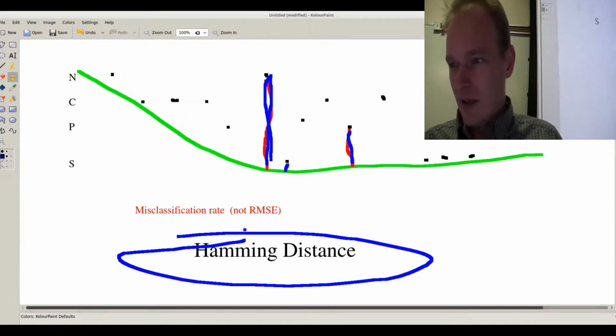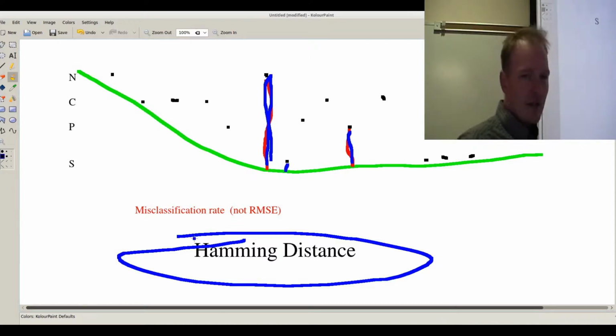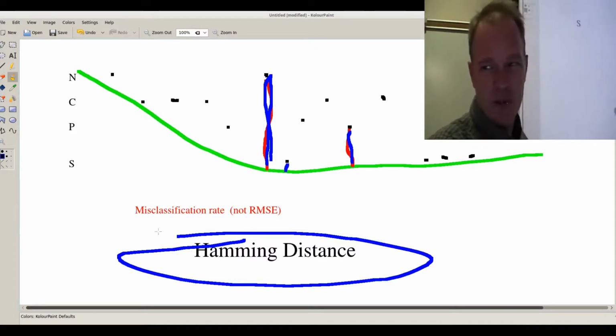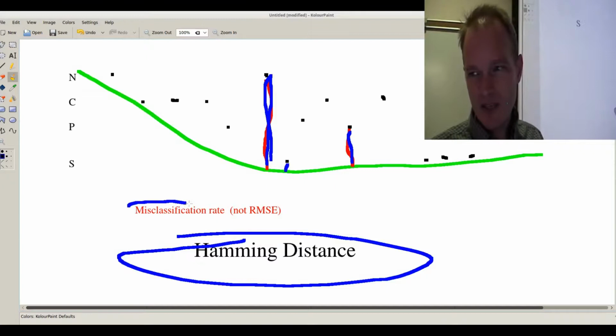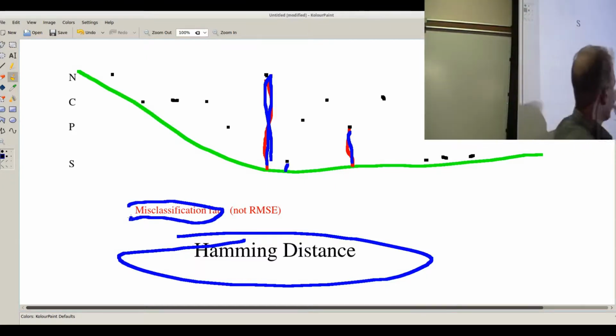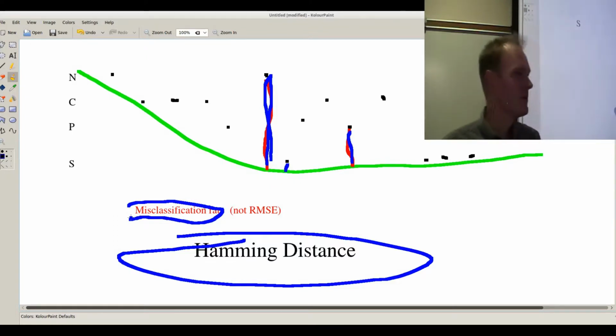Okay, well, interestingly, Hamming distance is kind of the same thing we're doing when we measure misclassification rate. Because we're saying, are you right or are you wrong? And every time you get it wrong, we're going to add 1 to our error, right? And if we square that 1, it's still a 1. And then if we take the square root of it at the end, well, now we've confused ourselves. So you usually don't square root it at the end.